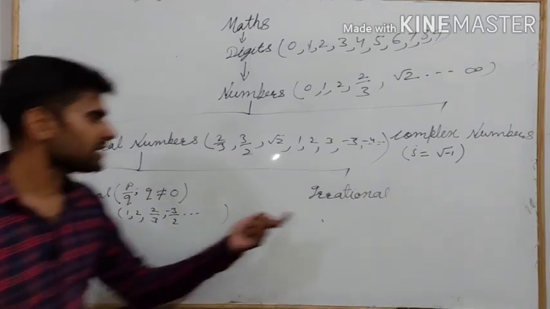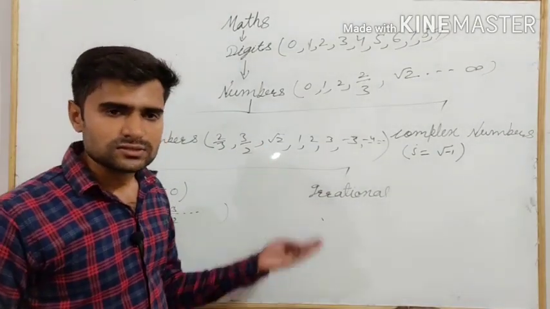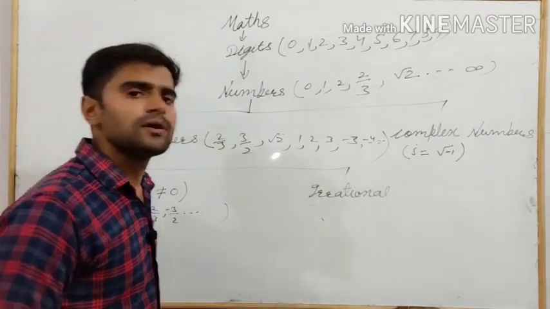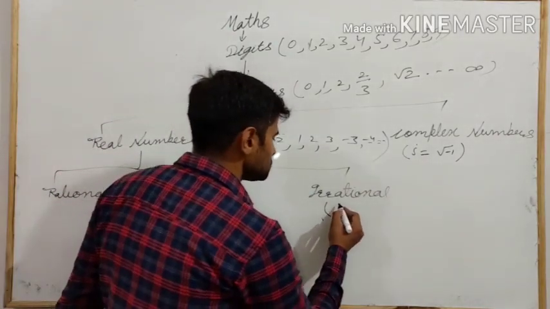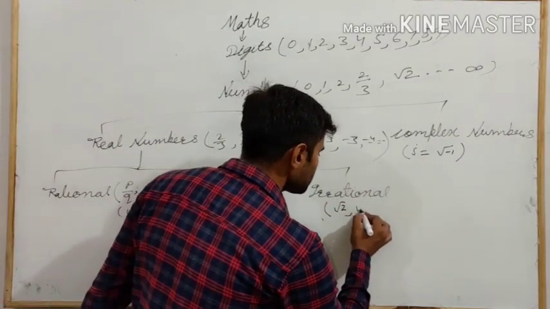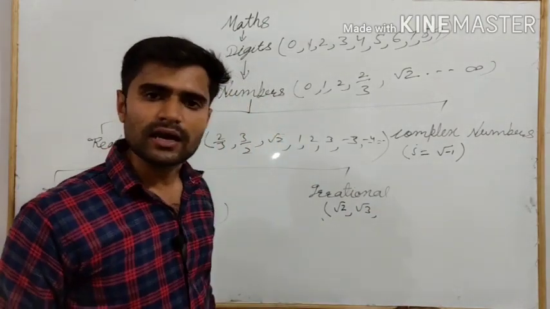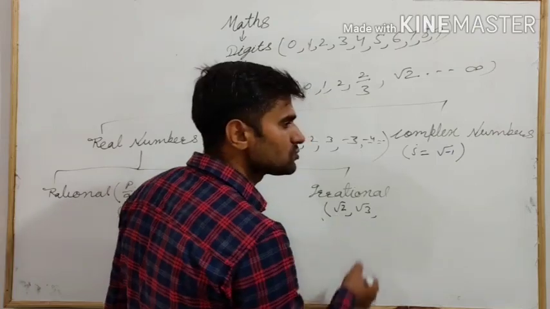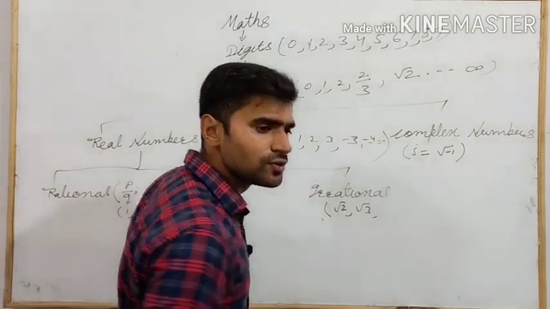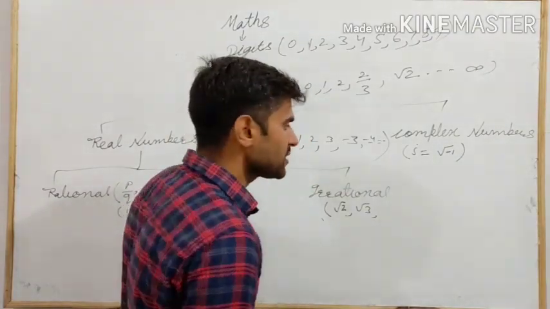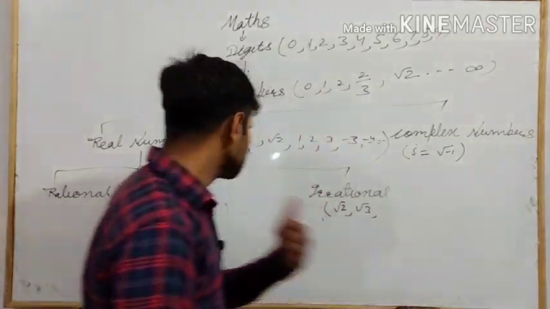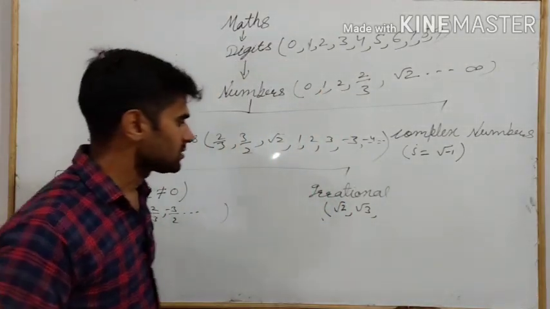These are rational numbers, and irrational numbers cannot be written in the form of p upon q, just like every under root number which does not have a complete root, just like root 2, root 3, root 5, root 6. Root 4 is not possible because it has a complete root which is 2, and 2 is a rational number.